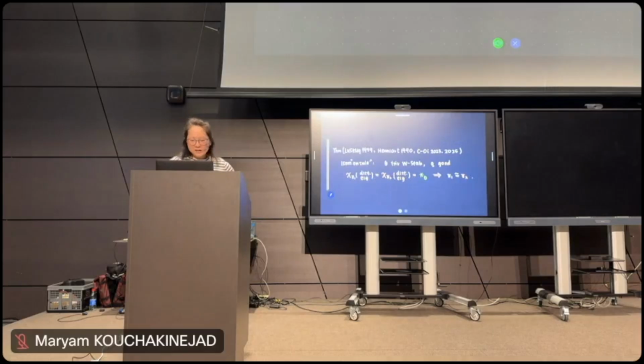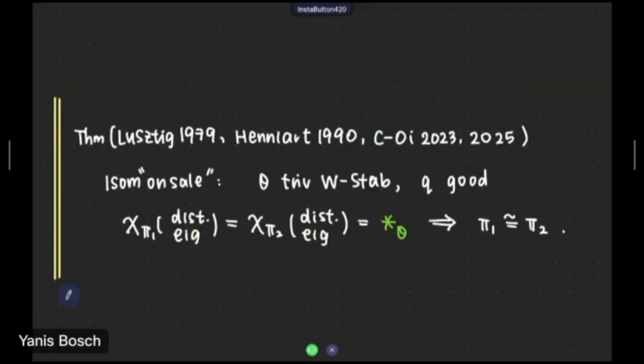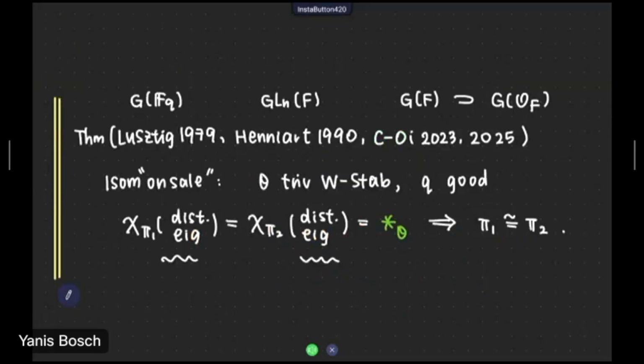So this statement, we can leave it here like this. This statement tells you that all you need to know is something about this on some very special elements, things with distinct eigenvalues. But it's also possible for your Q to be so small that this isn't possible.